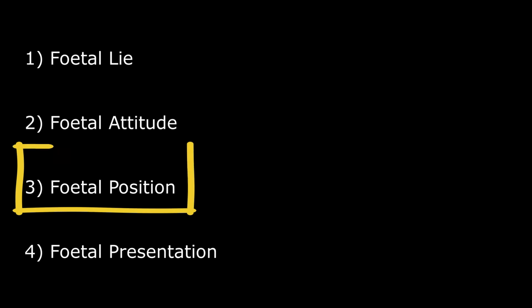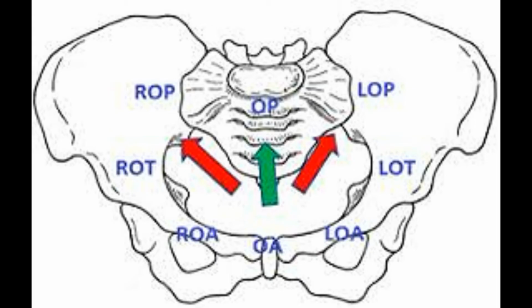Fetal position is the orientation of the fetus in the uterus relative to the pelvis of the mother. So the pelvis is divided into equal segments of 35 degrees, and there are 8 positions. So you have right or left positions, which can be anterior, transverse, or posterior.